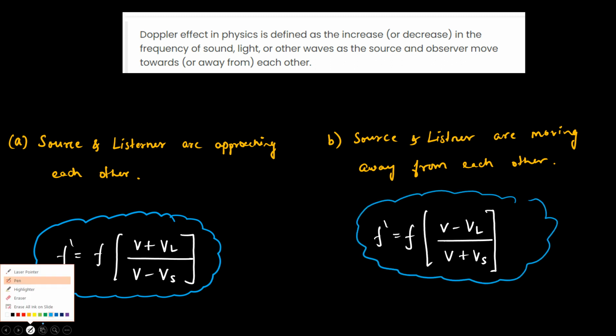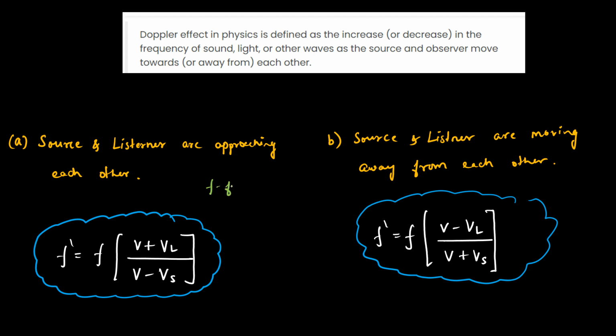Right? Now let me write down what all of this indicates. So what is your f? F is just your frequency. F dash is the apparent frequency. And what is your v? V is the velocity of sound. And what is your vl?